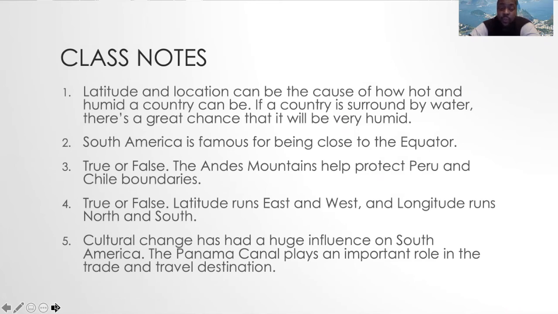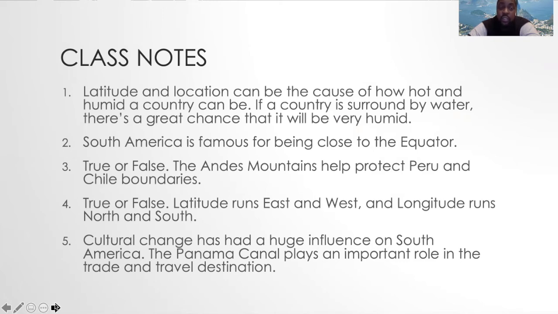Okay, so for example, I grew up in New Orleans, Louisiana, which is surrounded by the Gulf of Mexico and the Mississippi River. So growing up, it was very, very humid being around so much water. And number two, South America is famous for being close to the equator. So that's something I want you guys to remember as well.